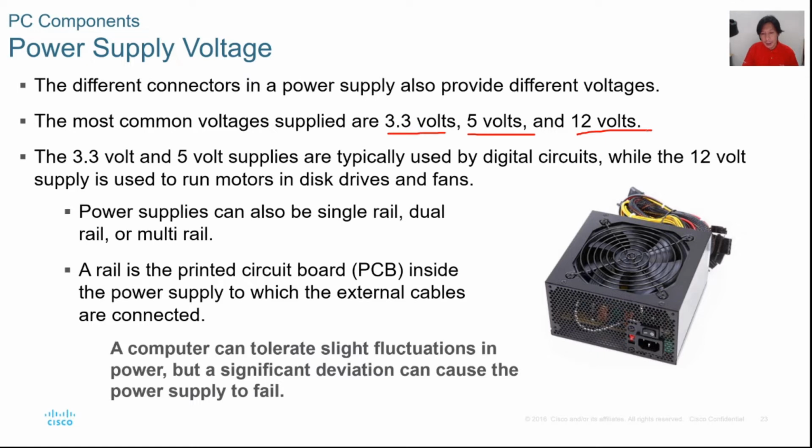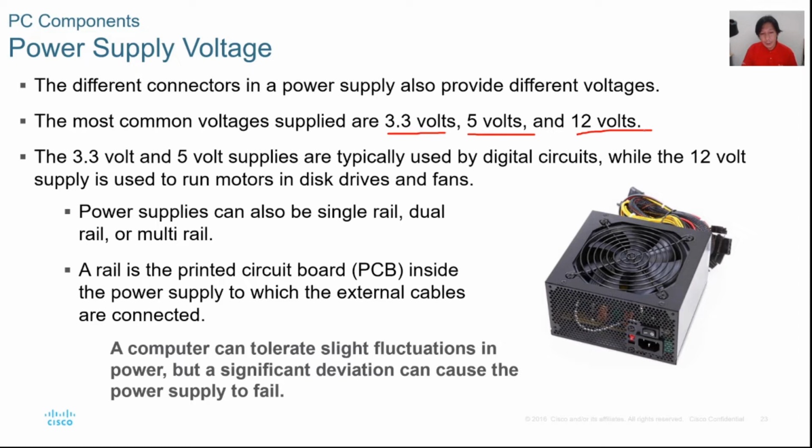And if there is DC, there is a polarity, positive or negative. So if we have 3.3 volts, there will also be negative 3.3 volts. If we have positive 5 volts, there will also be negative 5 volts. And if there is 12 volts, you will also see negative 12 volts.